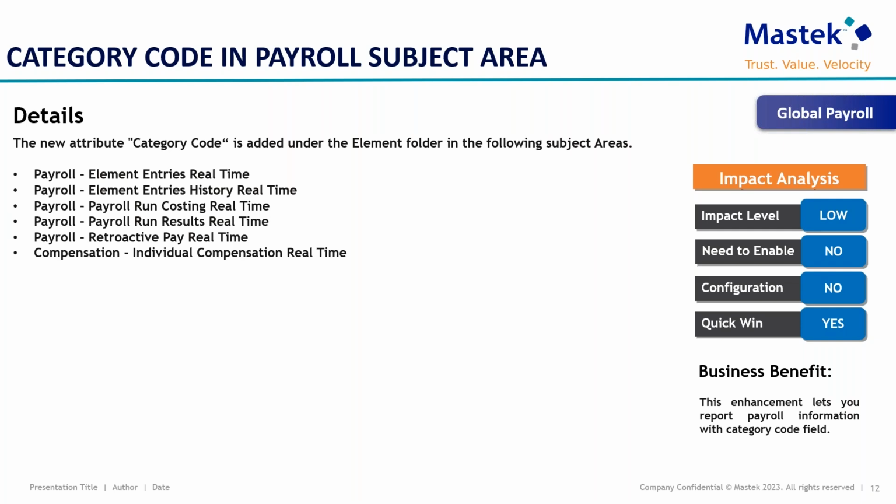So as we are using OTBI for frequent quick analysis creation, this category code will add some more detailed level values. And as you can see, for element entries history, payroll run costing real time, run results, retroactive pay, and individual compensation, all of these subject areas will have a specific category code available against the element folder, so that we can drill down our analysis against the category code and based on the rest of the requirements.